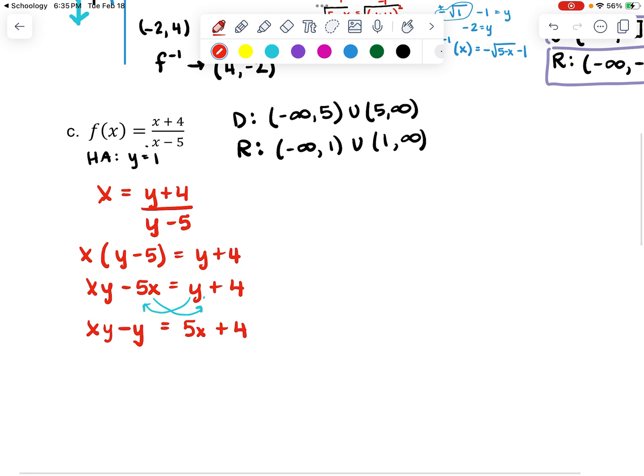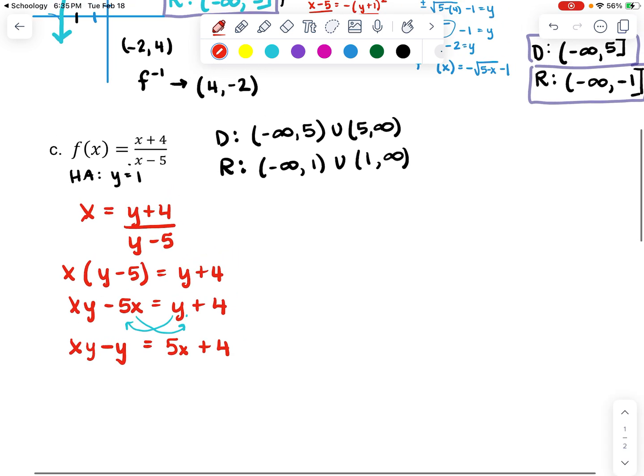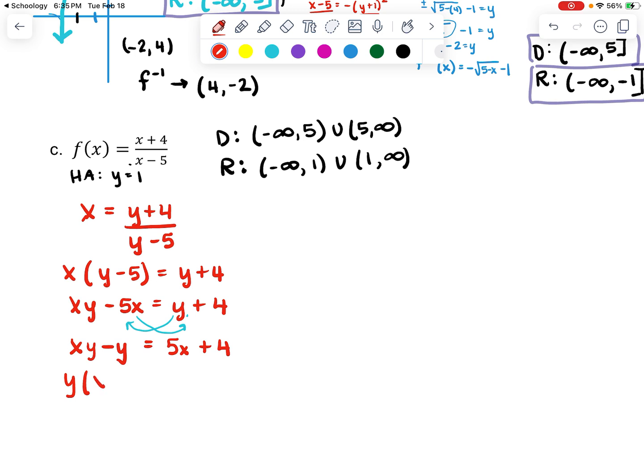And on this other side, I can now factor out a y. So if I factor out a y, GCF, I'm going to get y times (x minus 1) is equal to 5x plus 4. And if I solve for y, I end up with 5x plus 4 over x minus 1. So I can just divide by the quantity x minus 1.